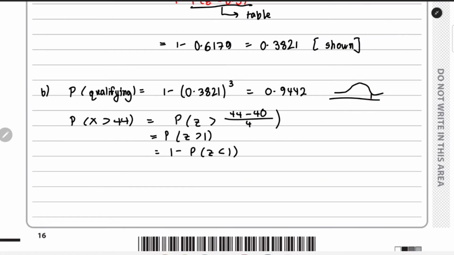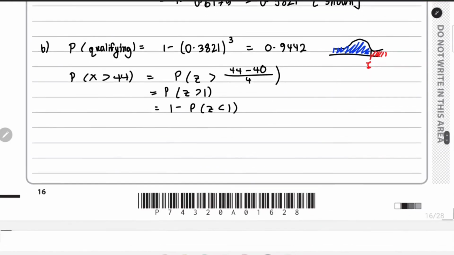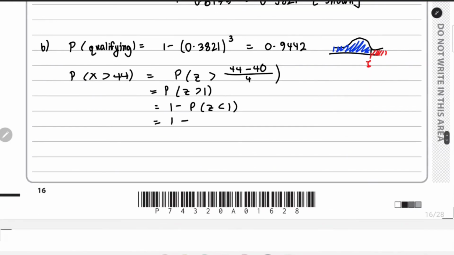If this is 1, this is the area we need. So it will be 1 minus the blue area. So 1 minus 0.8413, which is 0.1587.